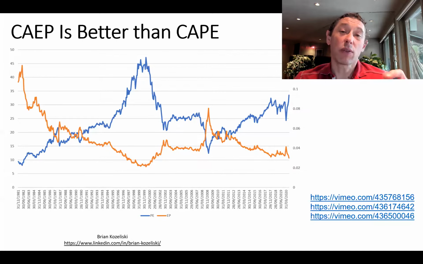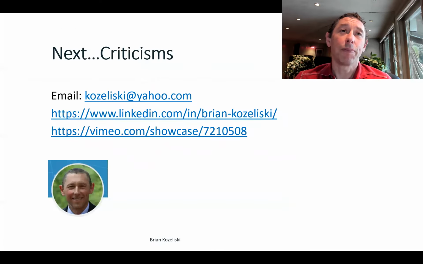We can see the distortions of non-linearity if you look at the internet bubble: the spread between the PE and the inverse EP is magnified by the PE ratio there. You can check out all the reasons behind that. But again, check out the CAEP, the cyclically adjusted earnings to price ratio. I think ultimately that is a better measure. So keep that in mind.